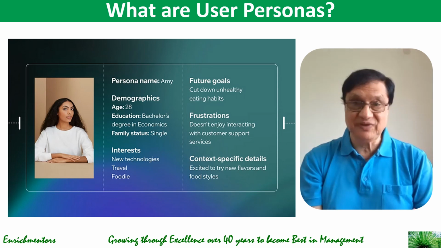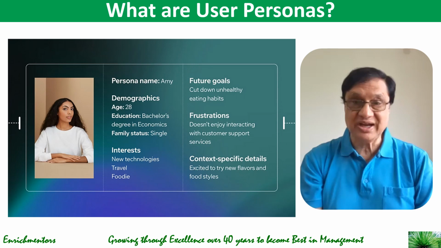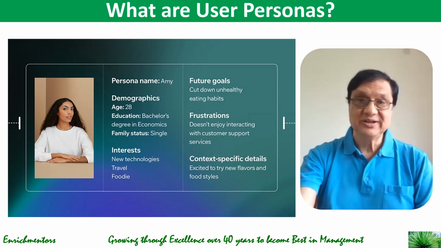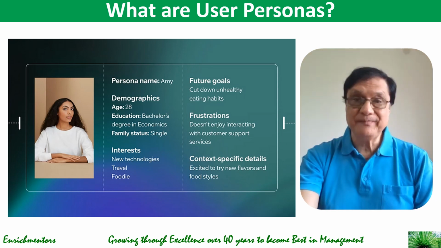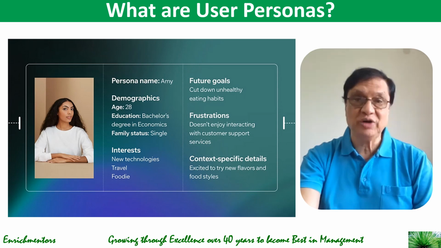She is frustrated because she doesn't enjoy interacting with customer support services. And something specific to the context is that she is excited to try new flavors and food styles. So we have the pain points, the interests, the future goals, and the demographics, and that gives an idea of the personality of this user.